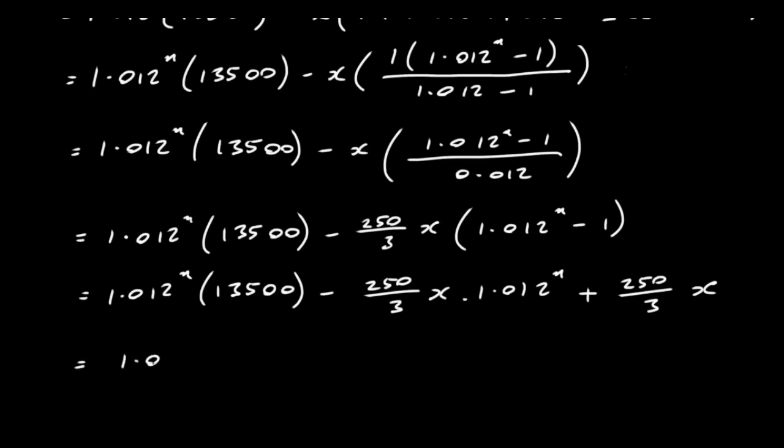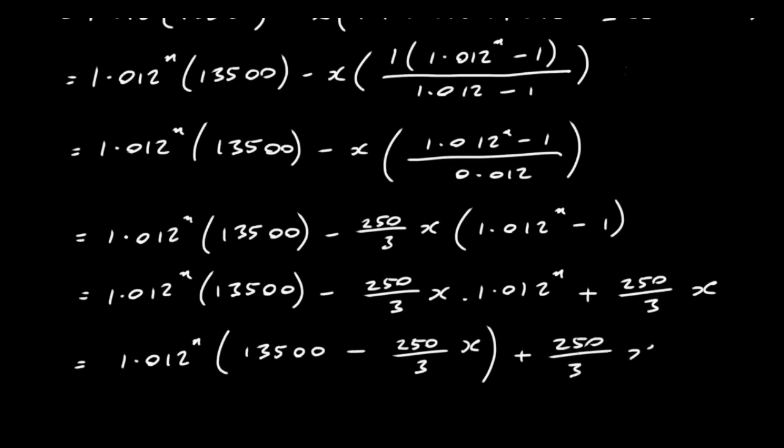So it's 1.012 to the power of n. Here I'm left with 13500 minus this expression here, 250 over 3x. And then out here I'm left with 250 over 3x as well. So that's really it for part 2. That's as much as I'm going to do with that one.